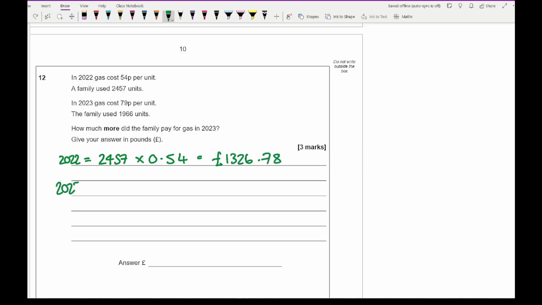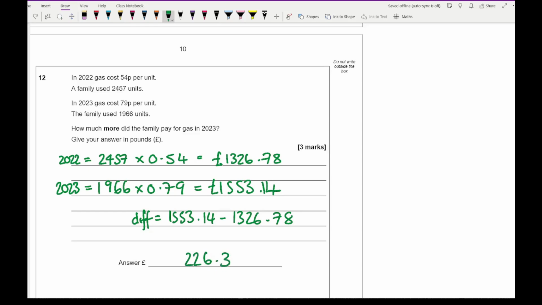Then in 2023, the calculation is 1966 times 0.79, and typing that into my calculator I get an answer of 1553.14. Then I want to work out the difference, so 1553.14 take away 1326.78. Quickly typing that into my calculator, I get an answer of £226.36.